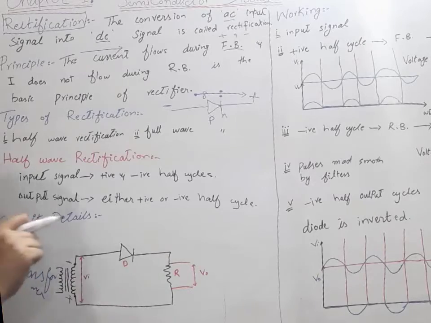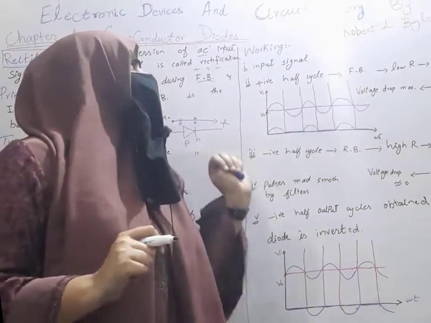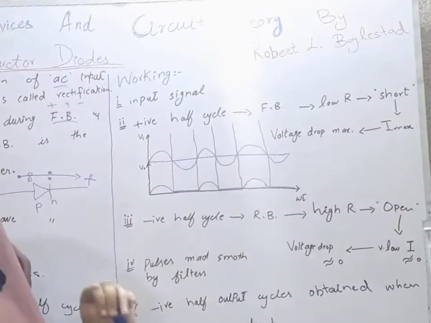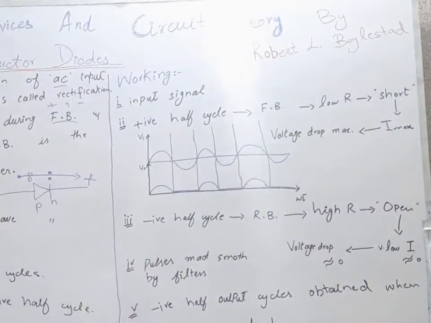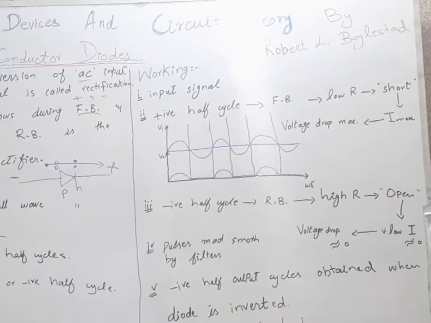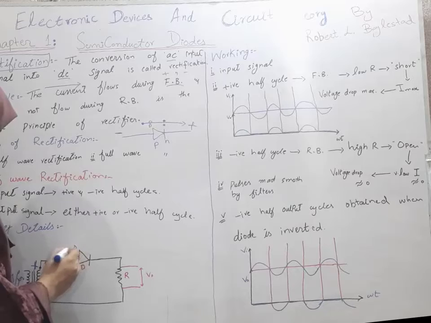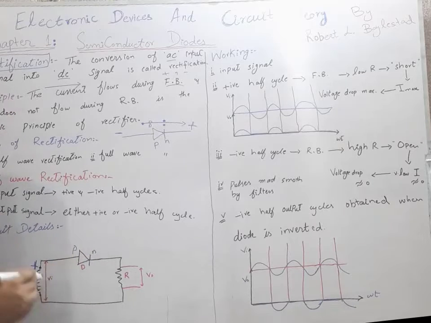So what is the working of our half wave rectifier? The input signal is provided to the diode by this transformer. When the positive half cycle comes, let us consider here the polarity is positive and here the polarity is negative. Then this is the P side of the diode and this is the N side of the diode.